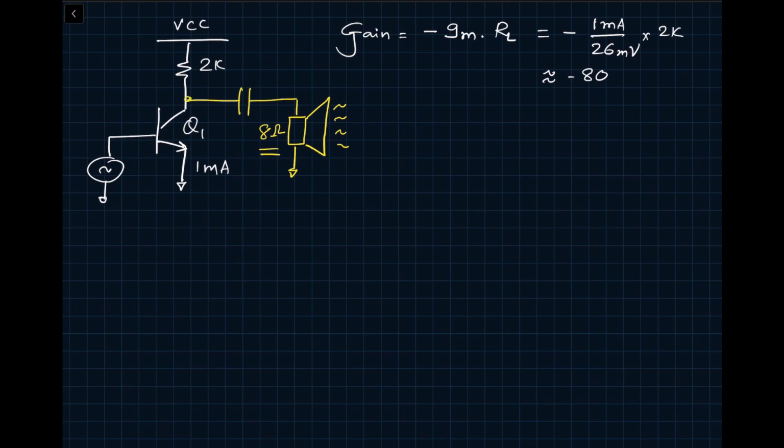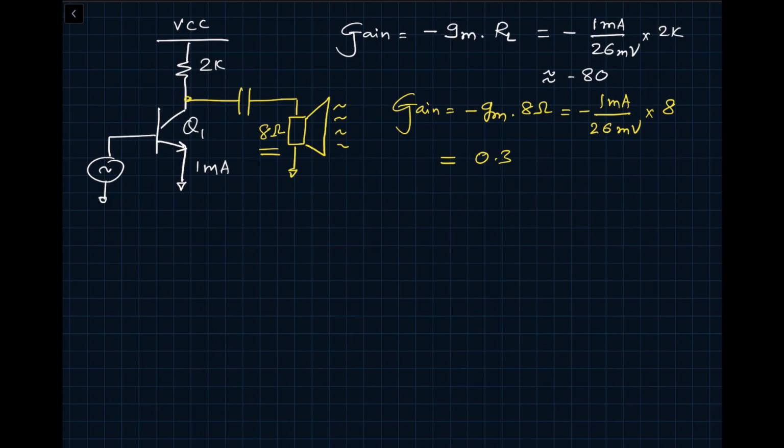This 8 ohms will come in parallel with 2K and will dominate, as a result of which our new gain is going to look like minus gm times 8 ohms, that is, minus 1 milliamp divided by 26 millivolts multiplied by 8, and this number is going to come out to be something like 0.3.